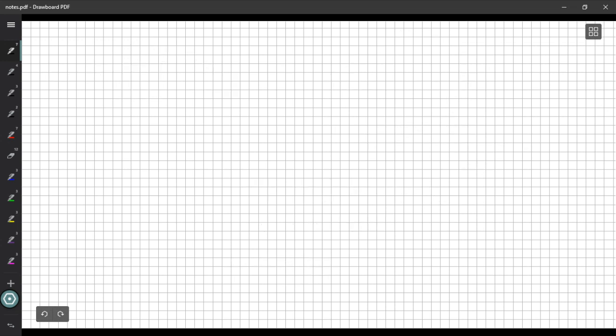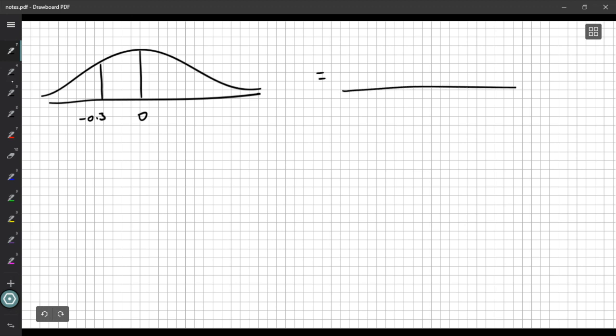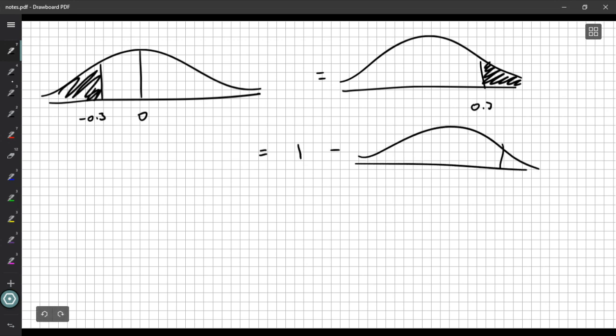Now we do the same thing, but with negative 0.3. In fact, it's going to be the same series of flips and everything, because we're still working with a negative z-score. The area is shaded to the left, and then when we flip it over to the other side so the z-score is positive, the area shifts to the right. And so we do 1 minus the area to the left, because the area to the left is something that we can handle.